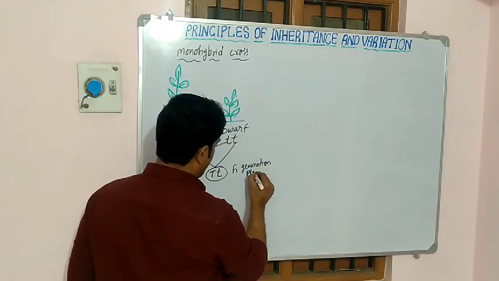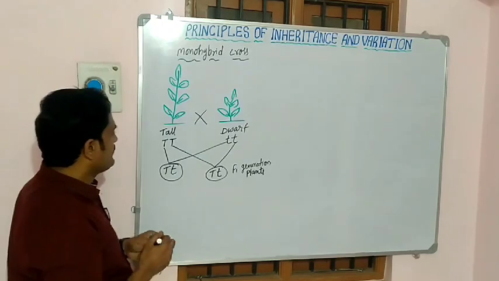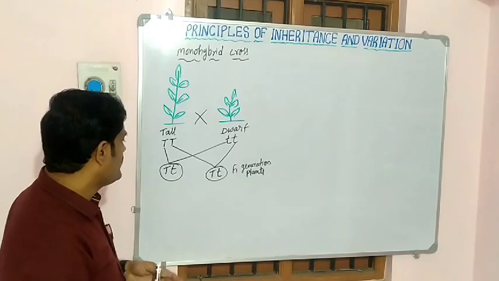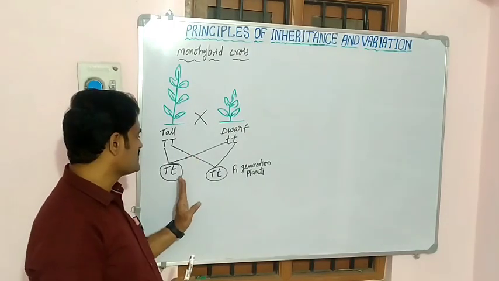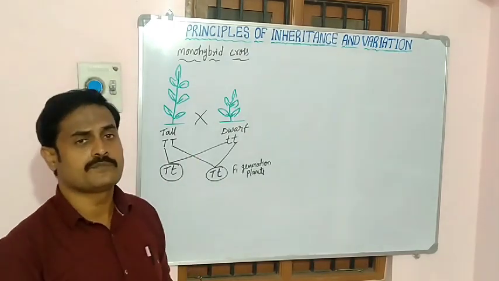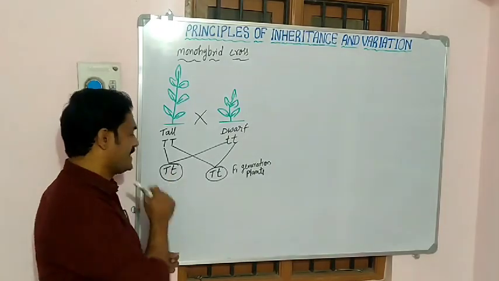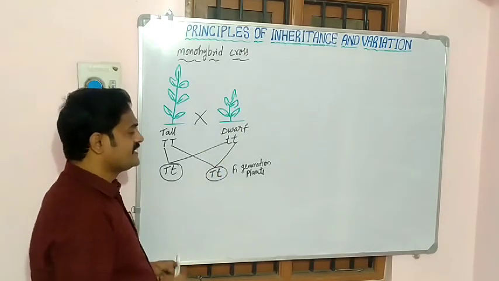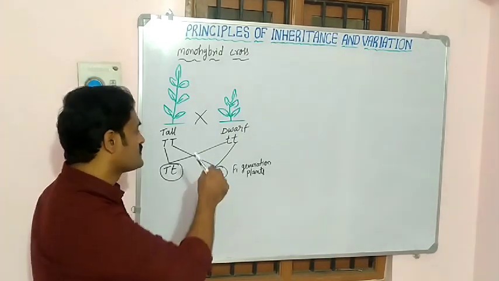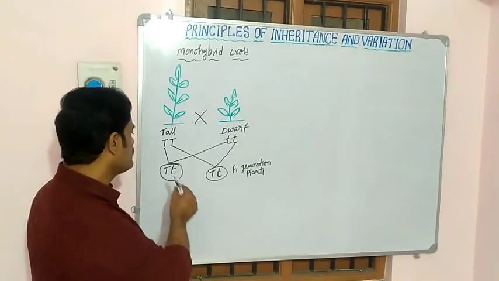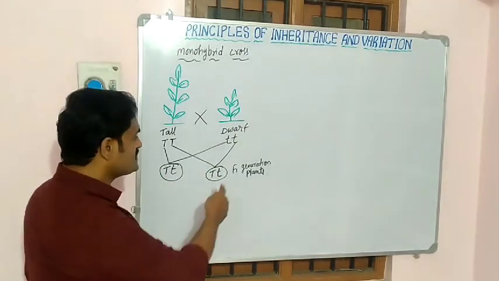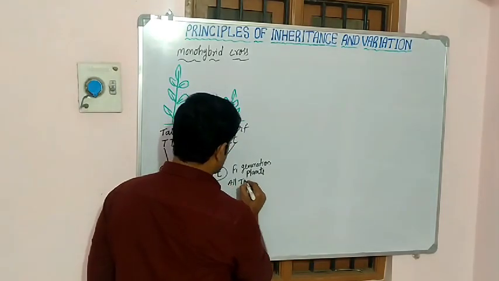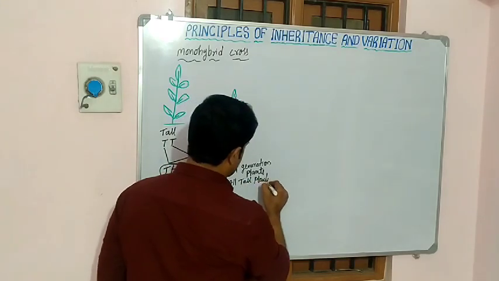Mendel selected pure tall and pure dwarf, but in the F1 generation, both plants are which type? Tall plants. Here also capital T is dominant. Internally the recessive character, dwarfness, is present, but capital T is always dominant. So in the F1 generation, all plants are tall.